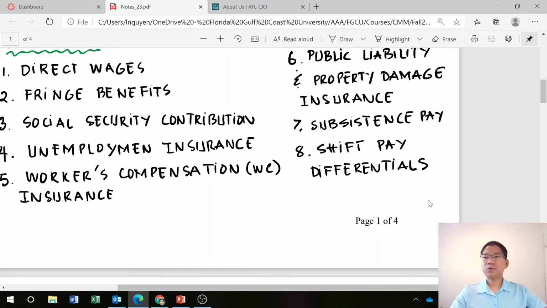Subsistence pay, something if we work far away from home or work in a rural area in the middle of nowhere, an incentive for the workers to work. Shift pay differential, so overtime or night shift, etc., may pay higher than the day shift. So those are the costs to be considered, and we apply and use all of this in the next video for problem 1.